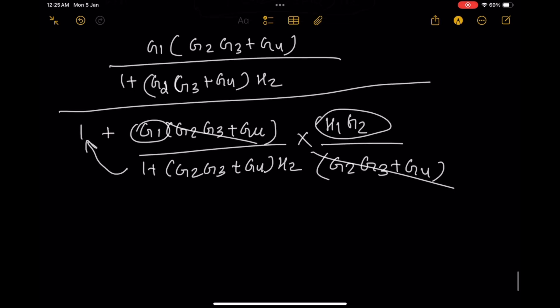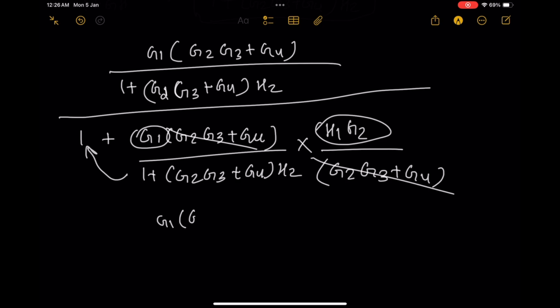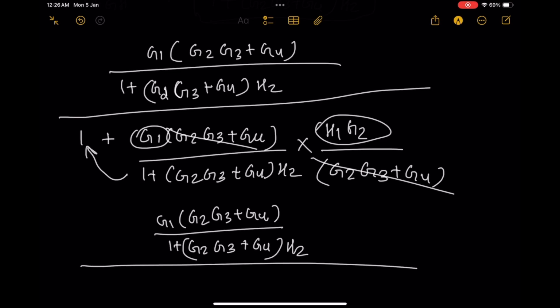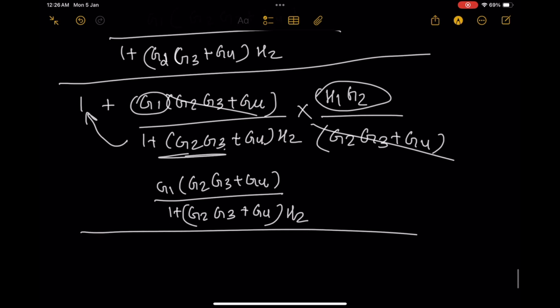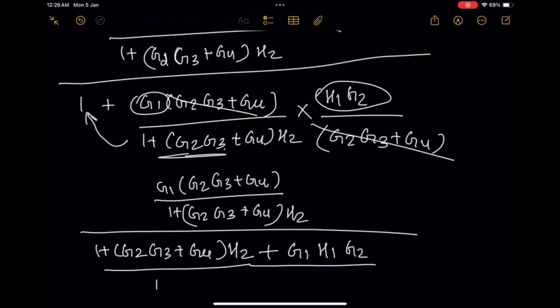So I'll be getting G1 (G2 G3 plus G4) divided by 1 plus (G2 G3 plus G4) H2, divided by this term I'm going to multiply with 1, so it will be 1 plus (G2 G3 plus G4) H2, plus what is left here, that is G1 H1 G2, whole divided by 1 plus (G2 G3 plus G4) into H2.